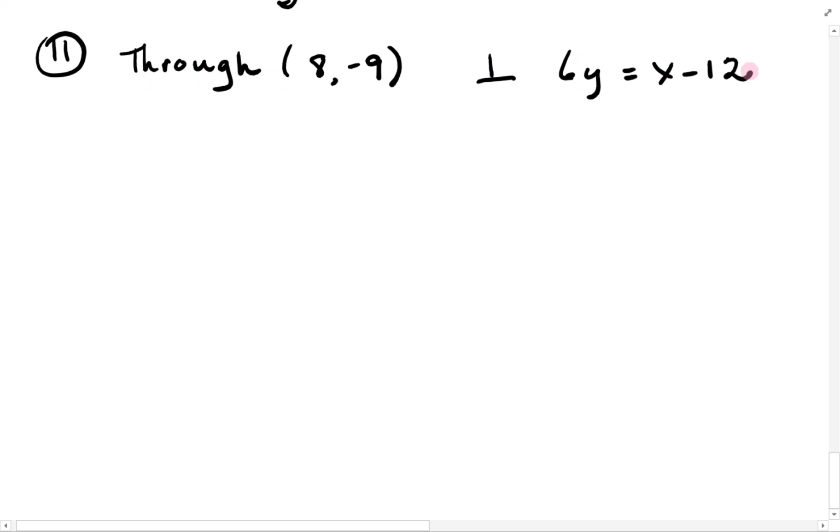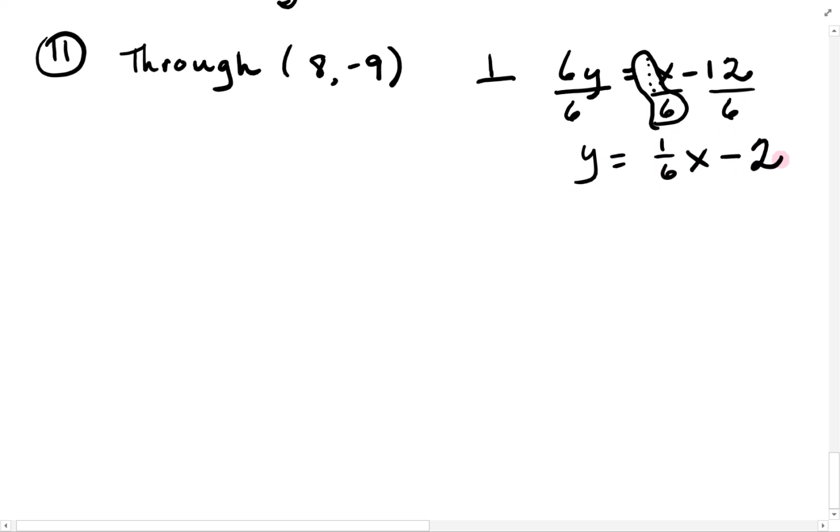Well, the reason we're given this perpendicular line is so that if I find the slope of this line, I'll know what the slope of my line is because of this relationship of perpendicular. All right, I can't get the slope of this line until I get it in slope-intercept form. Y is equal to, there's an unwritten 1 there, so I'm going to get the coefficient to be 1/6 x minus 2.